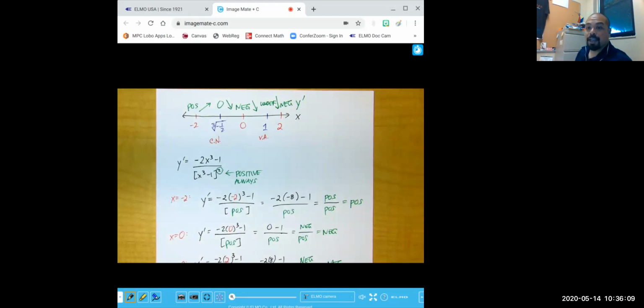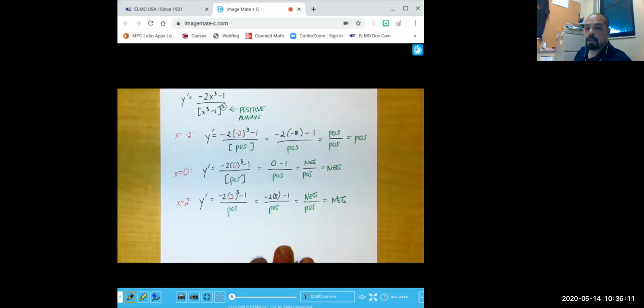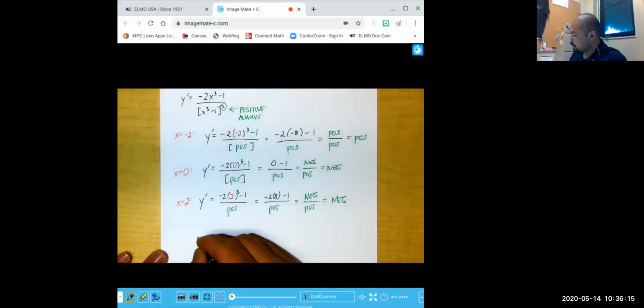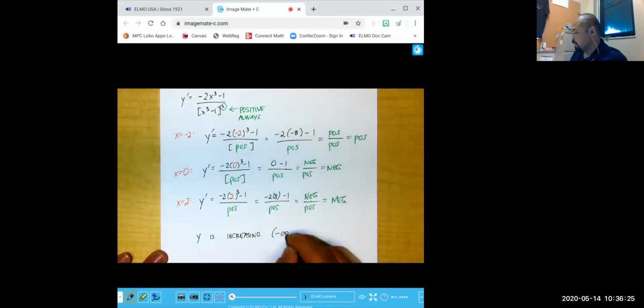So then for our intervals of decrease and increase, we can say here that y is increasing on just one interval. Working from left to right, it's only increasing from negative infinity to our critical number, the cube root of negative 1/2, or negative cube root of 1/2, that would work as well.